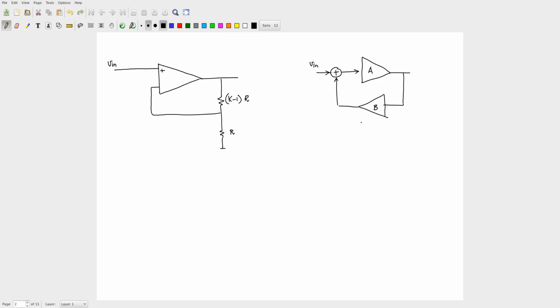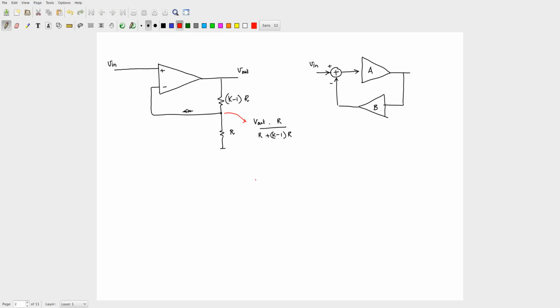can you tell me what B is? So the feedback path itself over here, what is this voltage? Because the current here is 0. The feedback voltage on the negative terminal is nothing but V out into R by R plus k minus 1 times R. This is the voltage that is here.